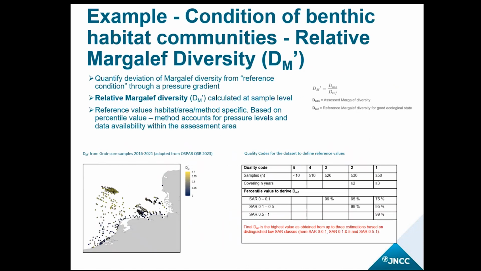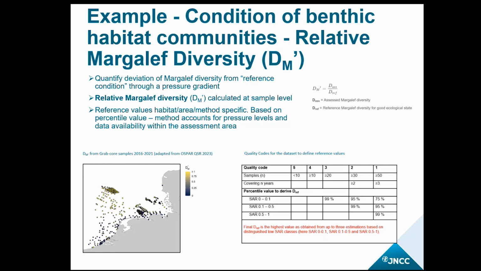Again, I've got an example here from OSPAR, the Oslo Paris Convention, and this is the condition of benthic habitat communities. It uses a species diversity measure, in this case relative Margalef diversity, and it quantifies deviation of this Margalef diversity from a reference condition across a pressure gradient.